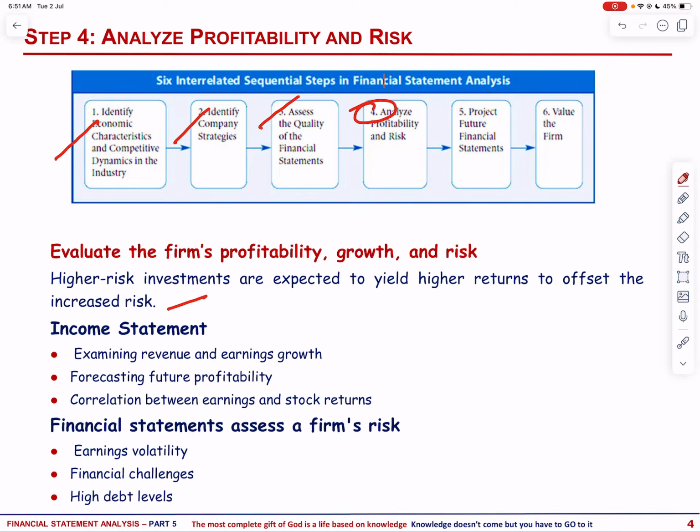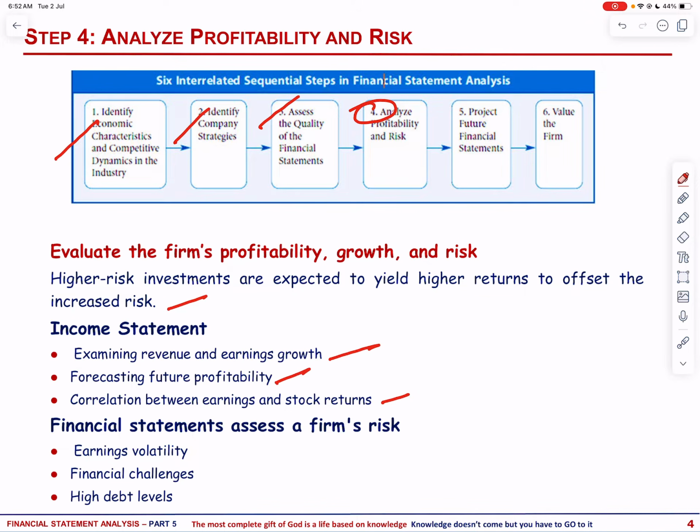Profitability is assessed by adjusting for one-time or unsustainable items. Analytical analysis includes examining revenue and earning growth to determine drivers of profitability and growth. This information aids in forecasting future profitability. Research supports a strong correlation between earnings and stock returns.